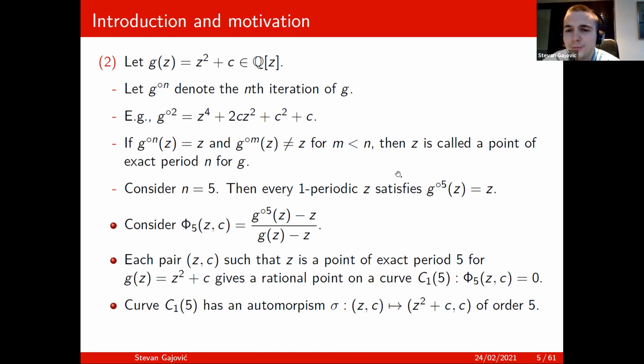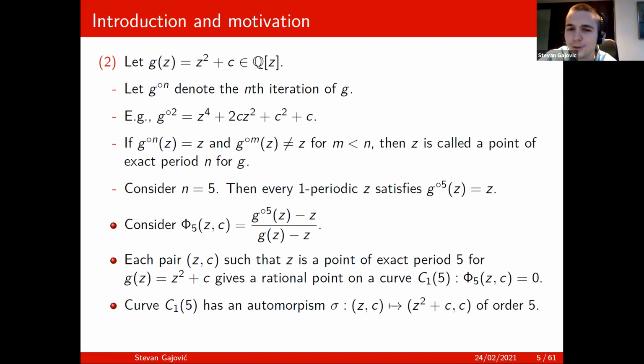And as usual, if n is the smallest number such that g iterated n times of z is equal to z, then n is called the period, and z is called a point of period n for this polynomial g. For example, n equals 5 is interesting because then the only smaller period that can make sense for n equals 5 is one, periodic points.